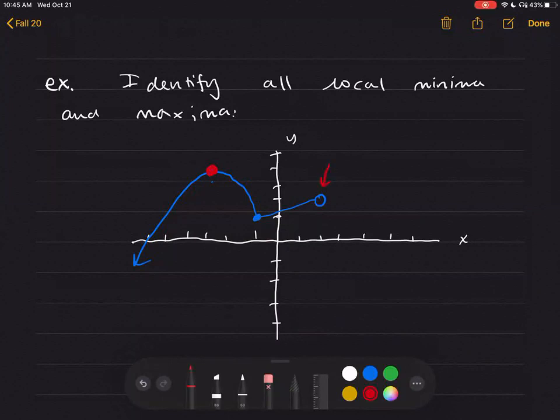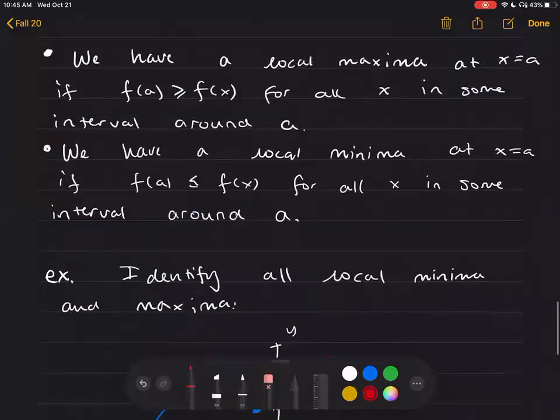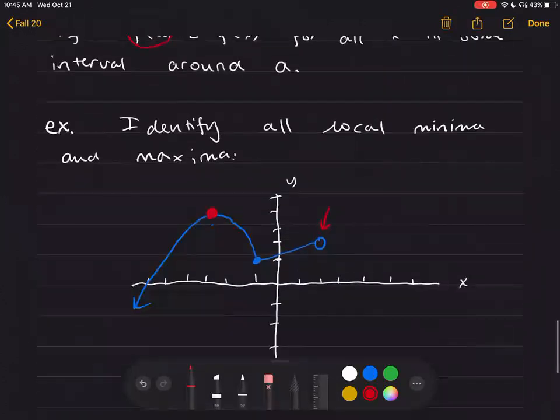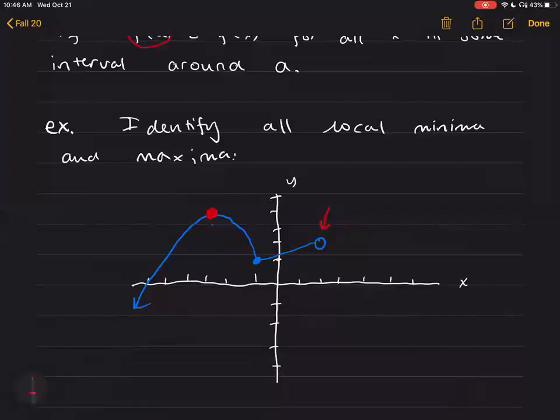Well, the problem with this one is that, especially if we look at the definitions we have up here for local maxima and local minima, we require that the function be defined at the point, right? So even though this right here is high up there and it is kind of a peak, because the function is not defined there, there's no actual graph, that is not a local maxima. So we're not considering it one.